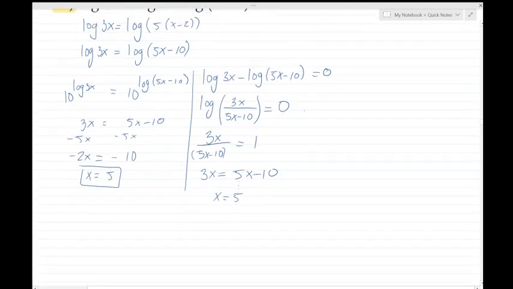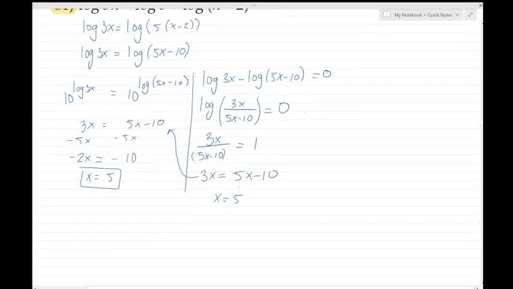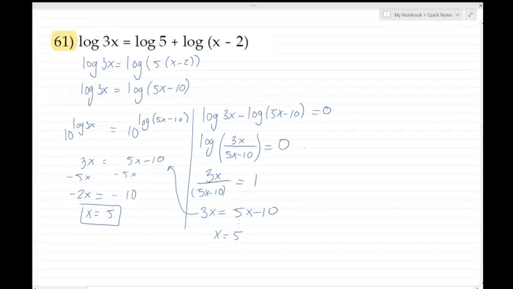So two ways of working it out. One was raising both sides to the power of base 10, or just doing it the other way where we combine logarithms and show a different way to do it.